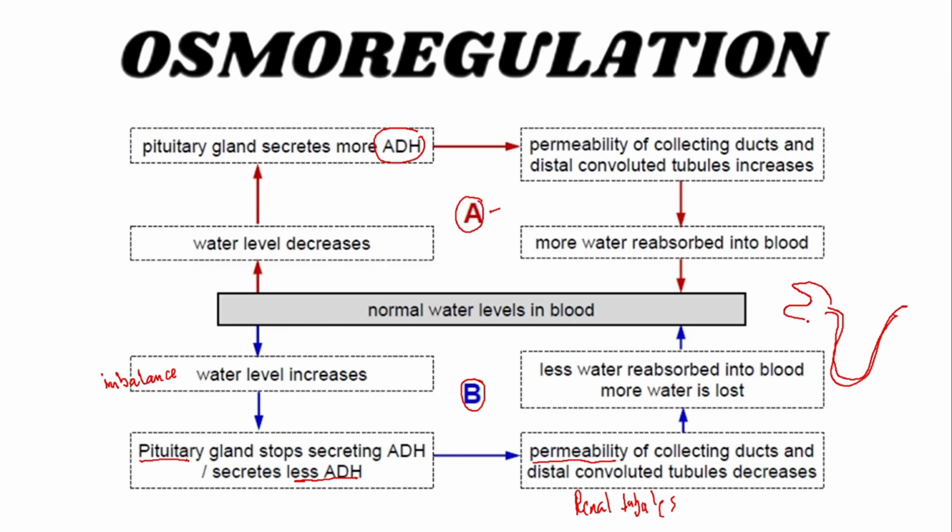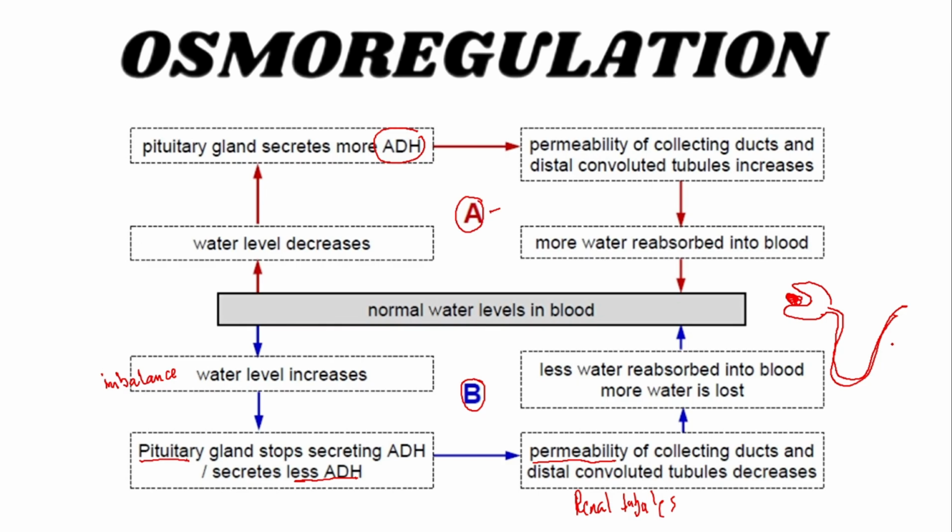Then we have the glomerulus, which is inside the Bowman's capsule, and arterioles that transfer blood into the glomerulus. The glomerulus acts as a filter, and the filtered substances go through the renal tubules, which can either secrete certain ions that are found in the blood into the renal tubules, or they can reabsorb.